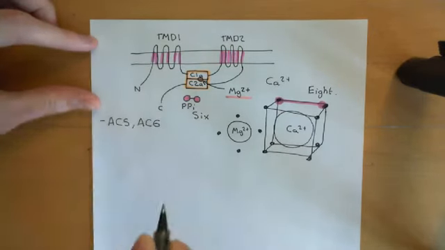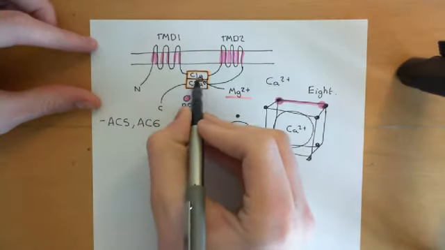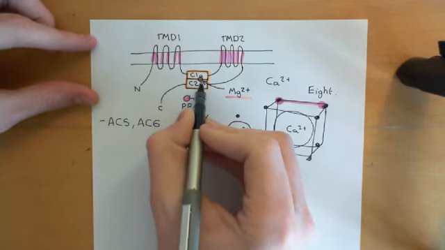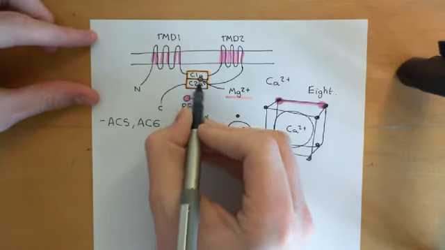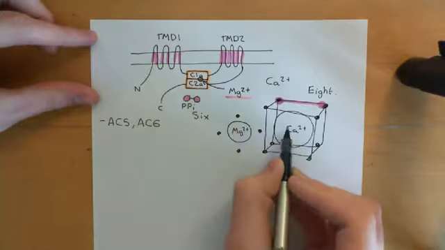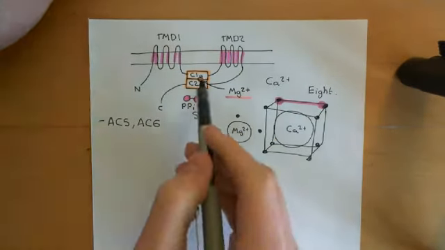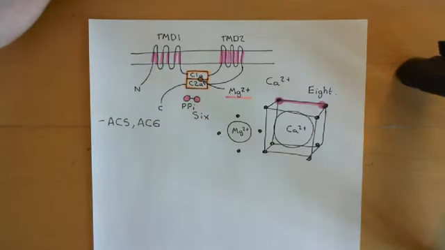adenylyl cyclase 6. So something about this binding site for the magnesium ion in adenylyl cyclase 5 and 6 means that they have a higher affinity for binding calcium than the other adenylyl cyclases do. So they will replace the magnesium with calcium at a lower calcium concentration than would the other 7 plasma membrane adenylyl cyclases.